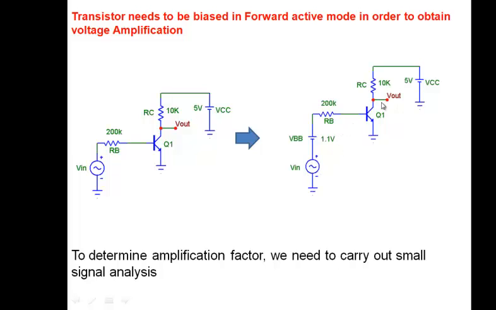And because this incremental voltage is small, we do small signal analysis here. Because the transistor inherently, base emitter voltage is an exponential diode, so that is a nonlinear characteristic. When we apply a small voltage, we can linearize it and use a small signal model here. So small signal models are needed to understand what the amplification factor is. Okay. So let me stop here.